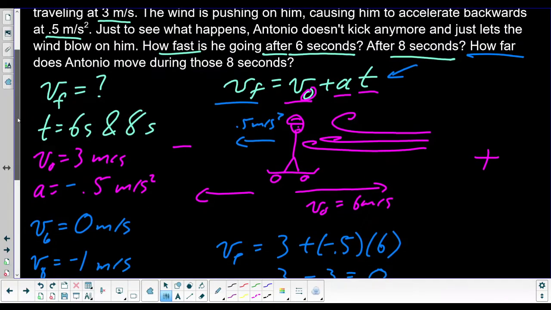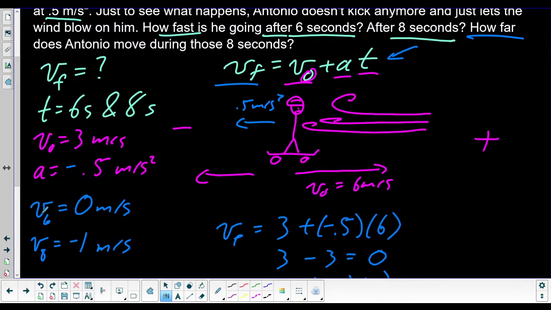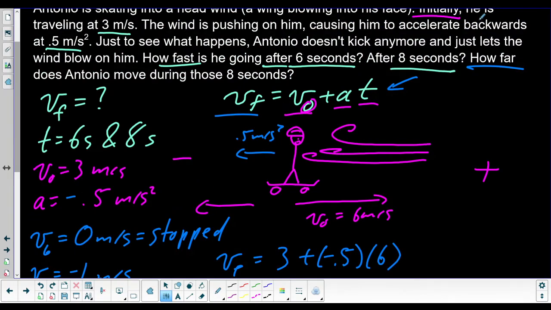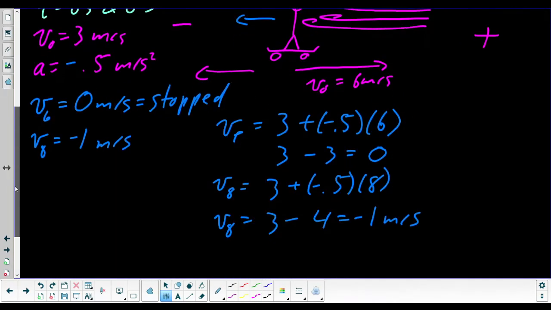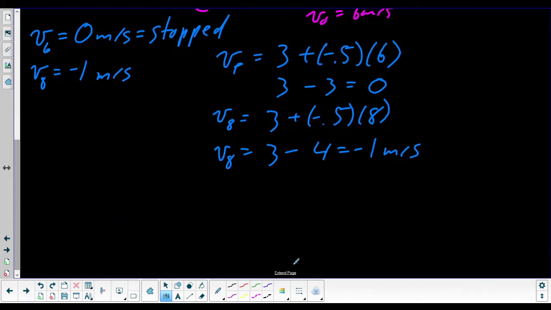Okay, so V6, or after 6 seconds of accelerating, Antonio is going 0 meters per second. This means stopped. Every second we're going to lose half a meter per second. So every 2 seconds we'll lose 1. So let's look at something.